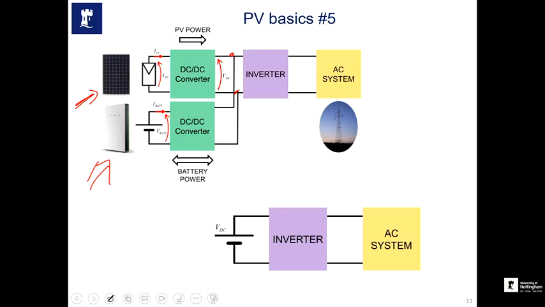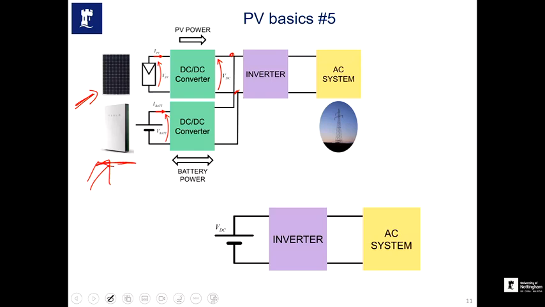So when you go back home at night or in the evening, when your demand is higher, when you start cooking and turning on the heating and everything, the energy which has been stored throughout the day in the battery can be used throughout the night or the evening. Without this battery storage, we cannot achieve that.